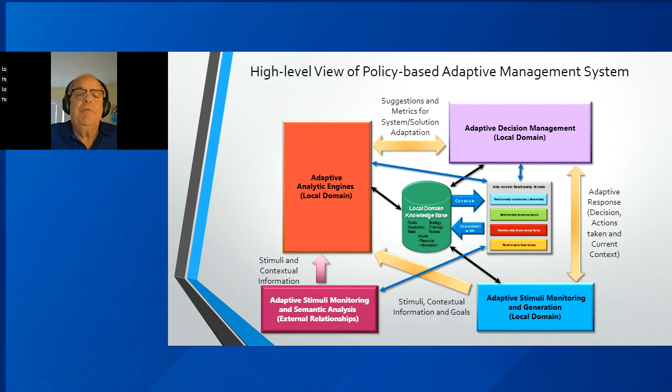So the first thing I should say is there will be interdomain relationships. If you're familiar with the work that the Cloud Computing Standards Committee has put together, previously we released a standard for federation and interdomain relationships.